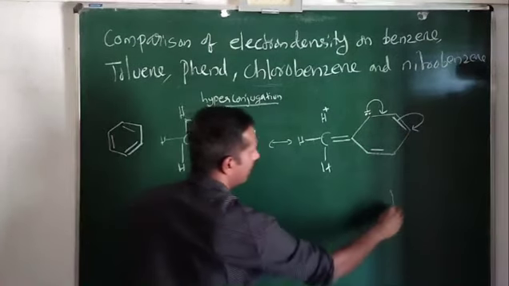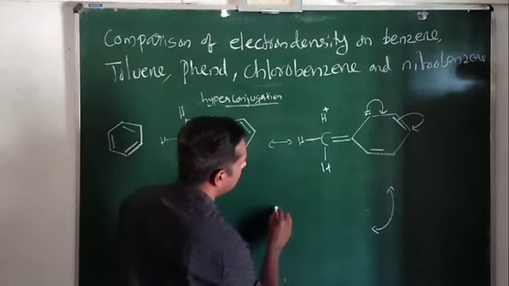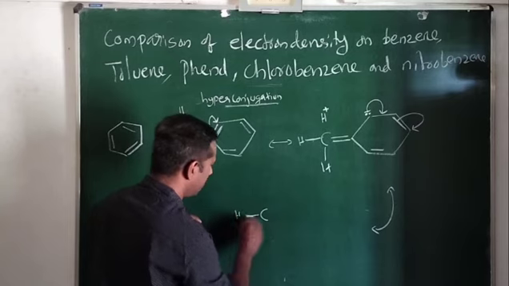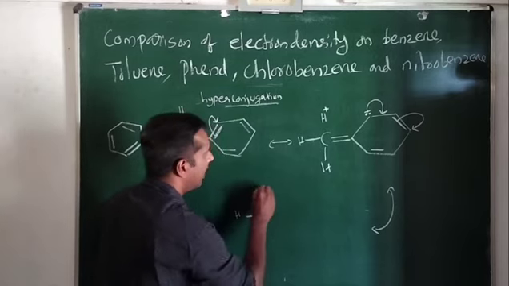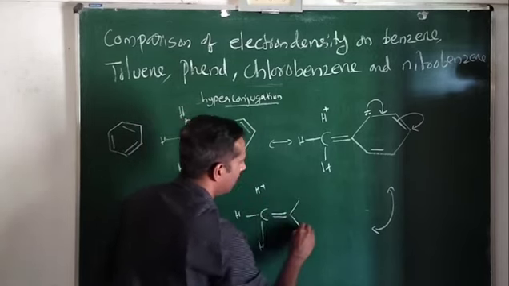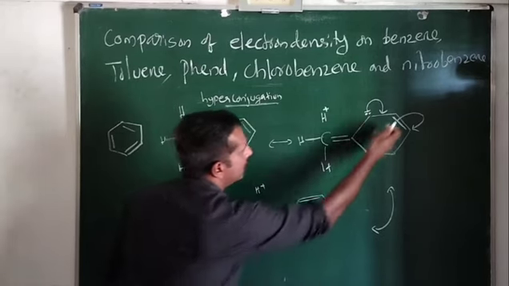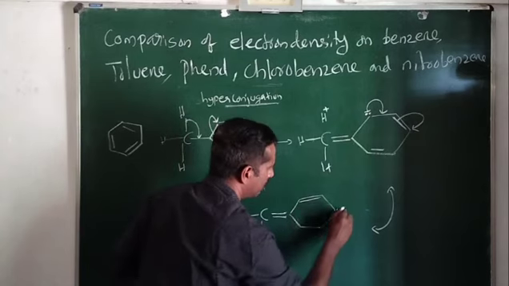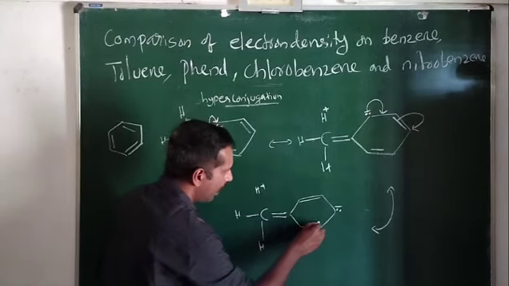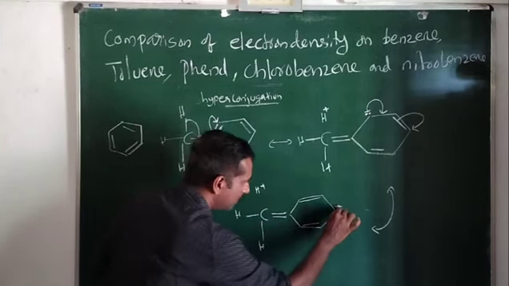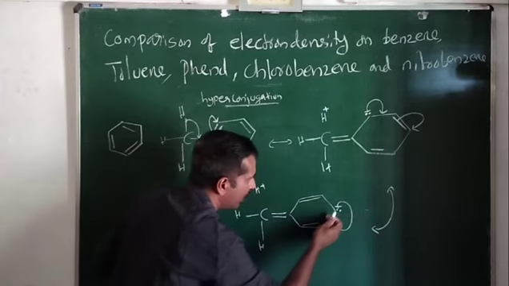So we get the next structure like this. Here no change, CHH, and here it is H plus, double bond. Here it is like this, and here it will become a double bond. Since this pi electron is shifting, this carbon is getting a pair of electron, and this double bond has no change. Next stage, this will be shifted to here, so here it will become a double bond.